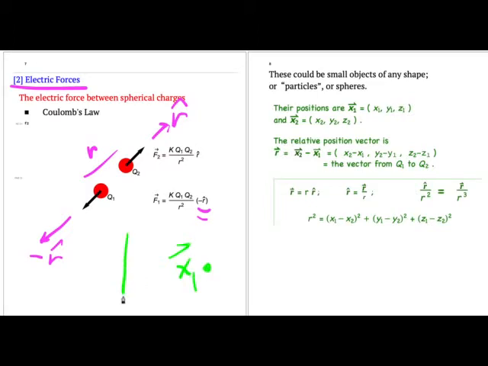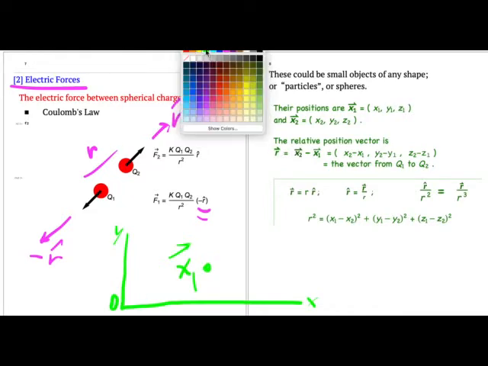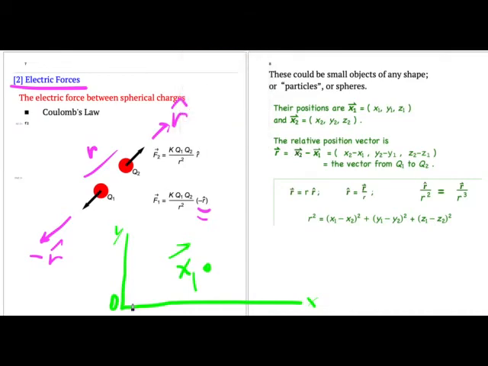That's the position of x1. I have some coordinate system out here. This might be the x-axis. This might be the y-axis. Someplace there's an origin. x1 is the vector from the origin to the particle q1. So let's see if I'm able to draw a little vector x1.